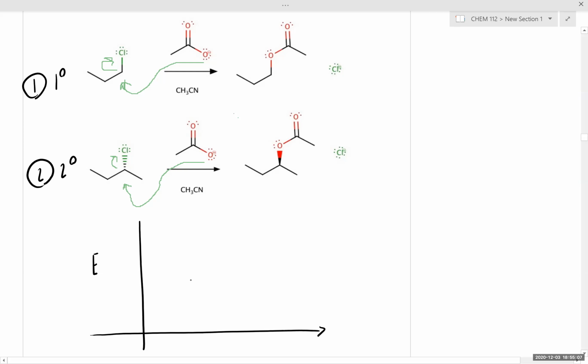So we have this idea that the second reaction has a higher activation energy because the substrate's bulkier. Okay, so taking that idea, how would we convey that in our reaction coordinate? And there's plenty of space, so if you want to draw your coordinate off to the side, I've also left a blank template.